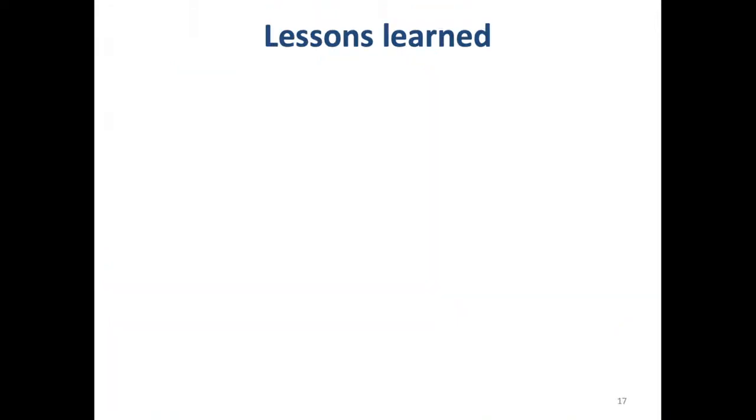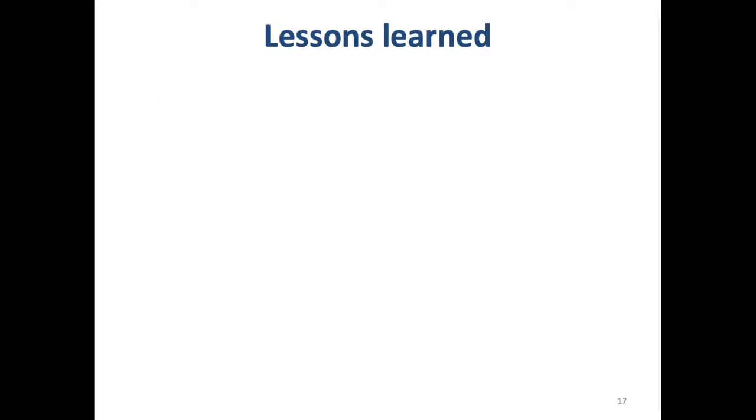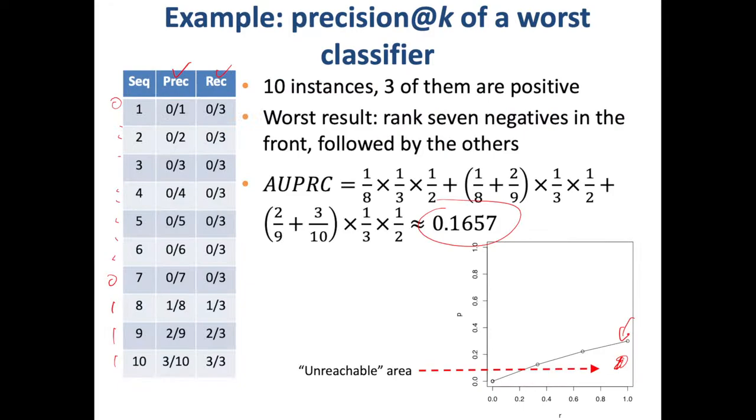So what we have learned so far: if we have n positives and m negatives, and we use a PR curve to evaluate a classifier, for a perfect classifier, our precision at k is n divided by k. Let me explain what P at k is for a moment. Here I say P at k as I cut the threshold here.